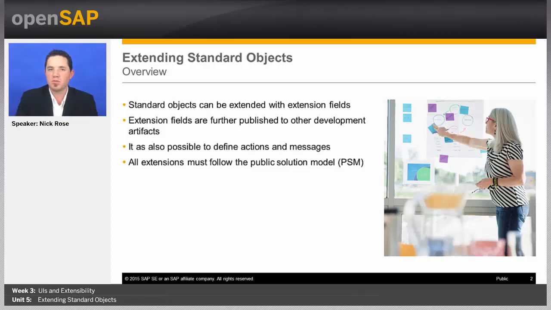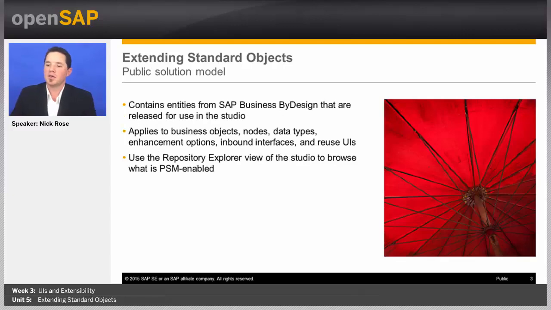We've mentioned PSM before, but what is the public solution model in a little more detail? The public solution model basically contains entities from SAP Business ByDesign that are released for development and use in the SAP Cloud Application Studio. That means that core development has said these objects are allowed to be used, and these different parts of the objects, even data types and other items, can be used to make your changes.